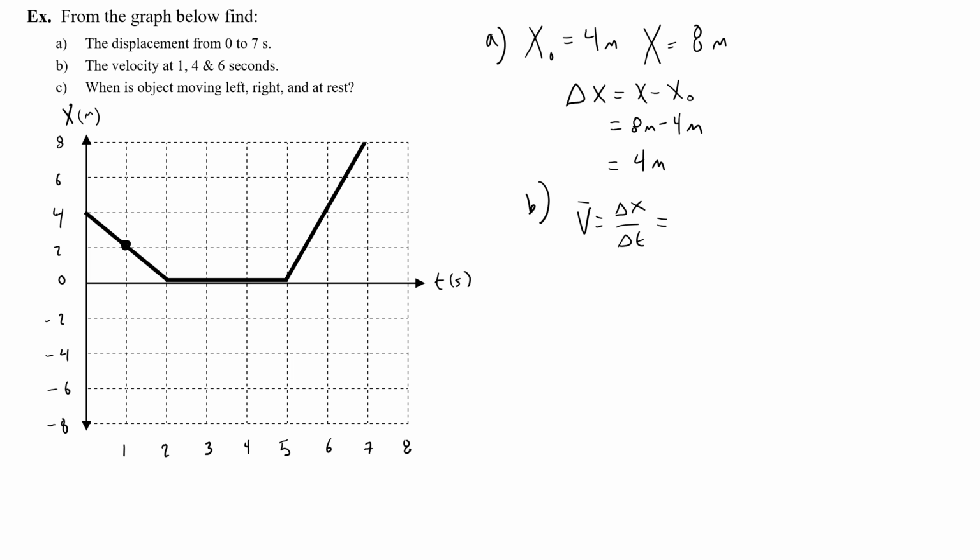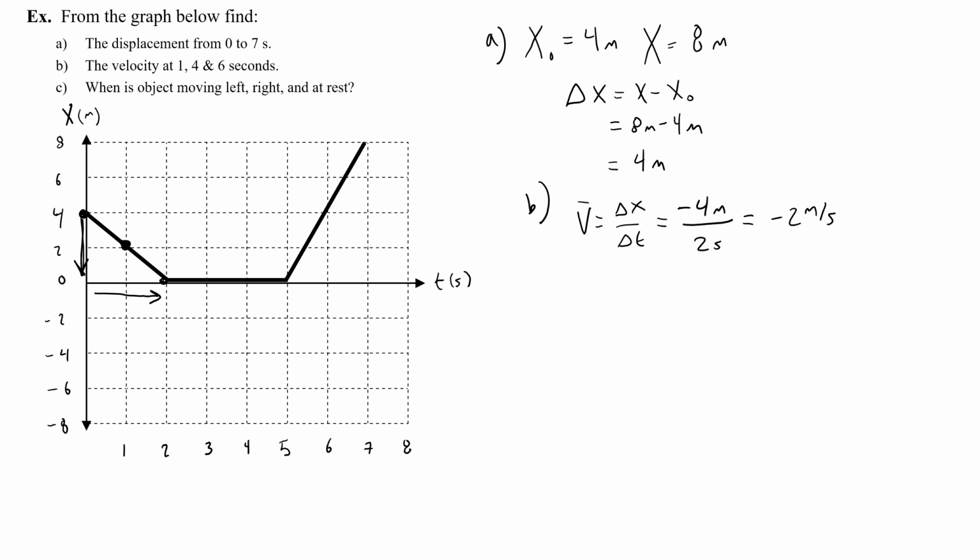So I'll pick 0 and 2 seconds. Okay, so my rise, I'm going down 4. So my delta x is negative 4. And my run is a positive 2 seconds. So my velocity is negative 2 meters per second.